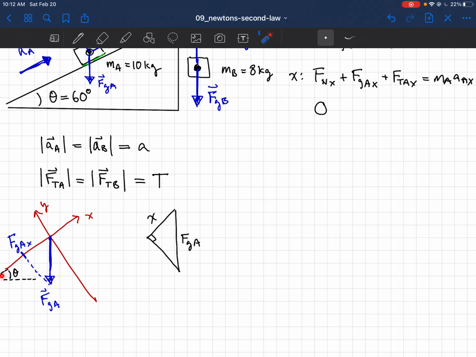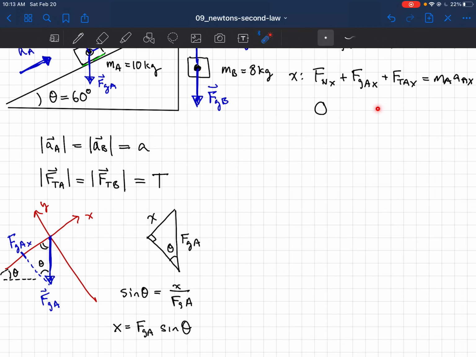This is a right triangle, so the angle up top is not 60 degrees. That means that 60 degrees is this angle here. So I can put theta in my triangle, and then I can find that component. We have opposite over hypotenuse, so sine theta is equal to x over the magnitude of FGA, or x is equal to FGA sine theta.